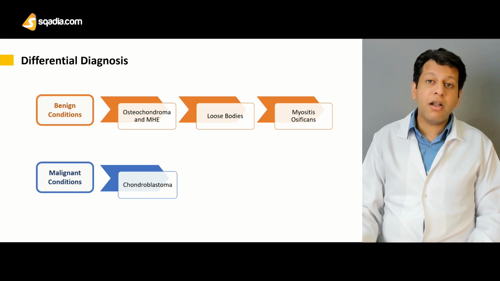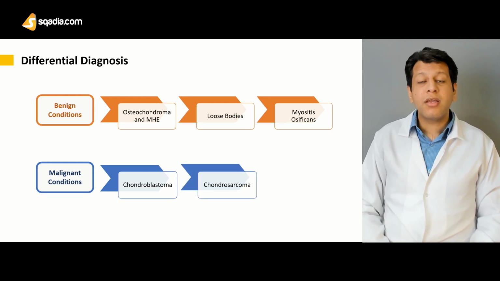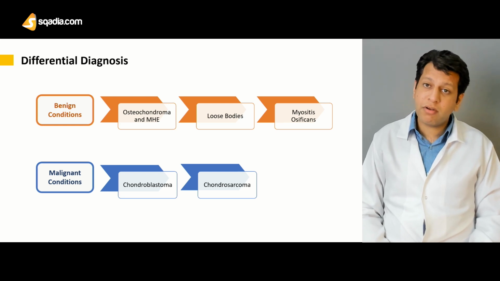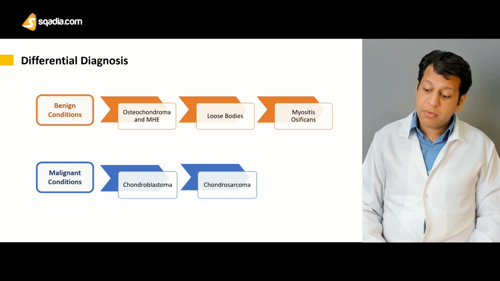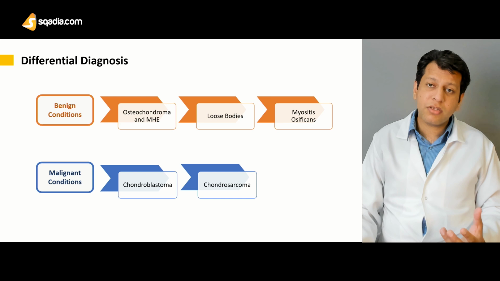If it's an adult, a middle-aged man usually, then you should be keeping chondrosarcoma and osteosarcoma in your differentials as well. Why? Because chondrosarcoma also has a very classical appearance of stippled calcification.